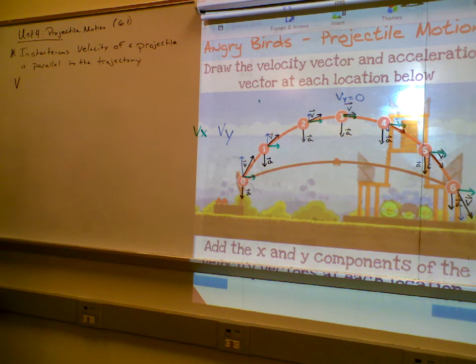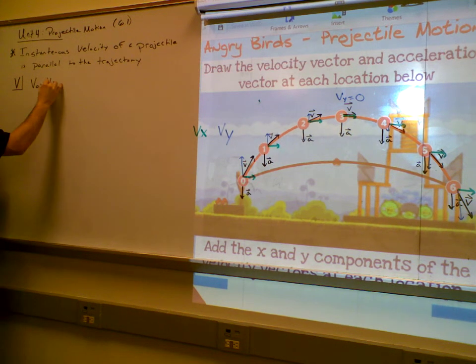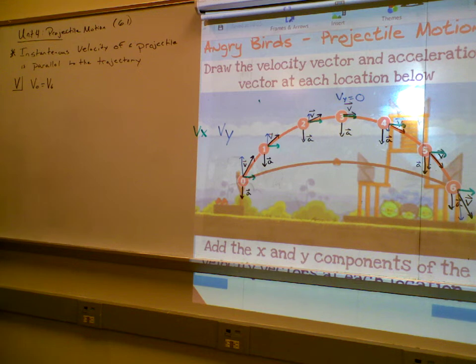I would say number 0 and 6. Okay, 0 and 6 are tied. Rex, you would be correct. Nice job. Magnitude means just the length. We're not worried about direction. The velocity at 0 and the velocity at 6 are equal.